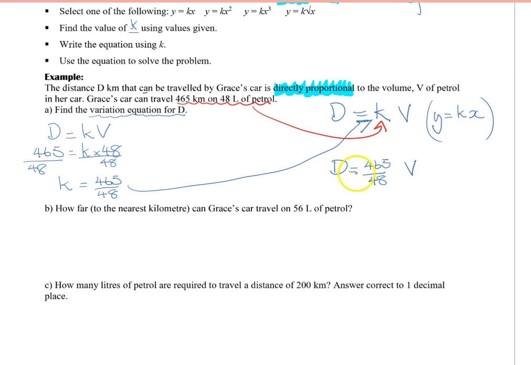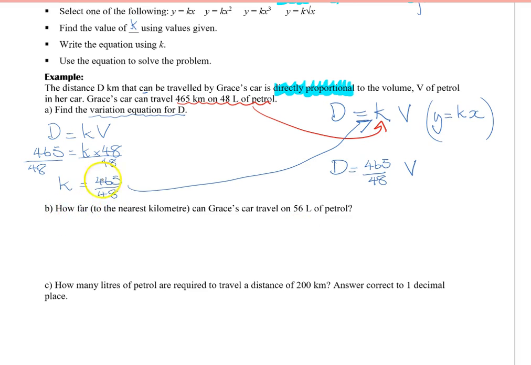Don't ever round off a decimal. Otherwise, you can just leave it as the fraction. So that becomes my variation equation. I can calculate D if I know V, or I can find V if I know D. So you'll see a couple of those situations.